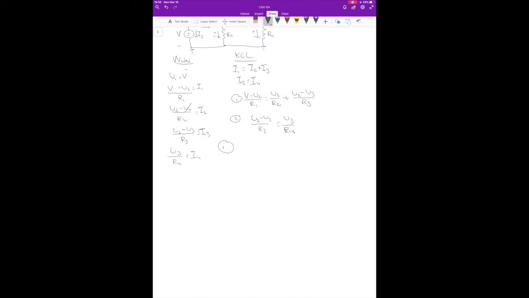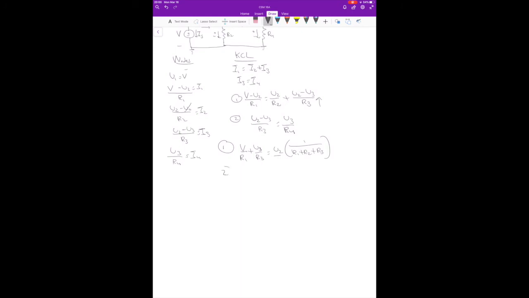So what I'll do is say V over R1 plus U3 over R3, which I got from right here, is equal to U2 over R2 plus U2 over R1, which I moved from the other side, plus U2 over R3. And I can erase this and rewrite it as U2 times 1 over R1 plus R2 plus R3. Okay, so we have some sort of an expression in terms of U2 here.